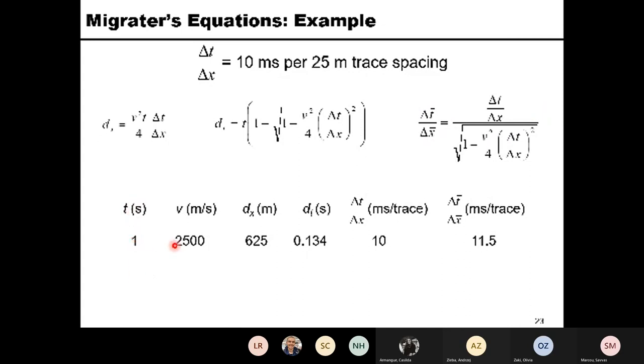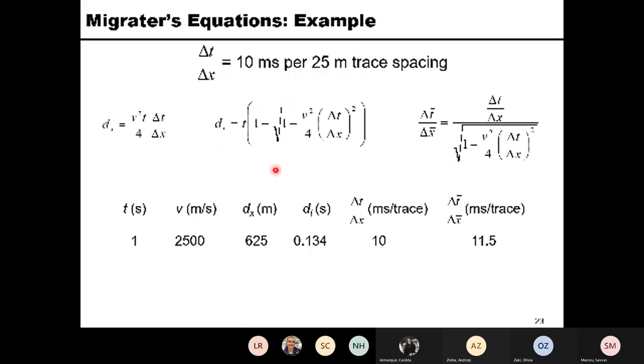At 1 second, if the velocity from the surface down to 1 second is 2,500 meters per second. In your seismic profile, you have a dipping event, which is 10 milliseconds per trace. The trace interval is 25 meters. So you have a delta t over delta x equal to 10 over 25.